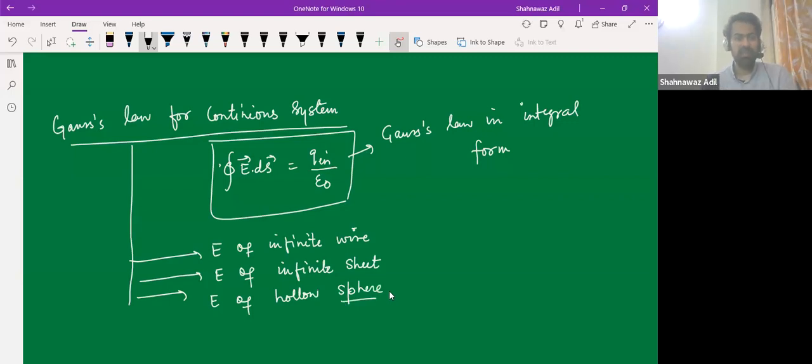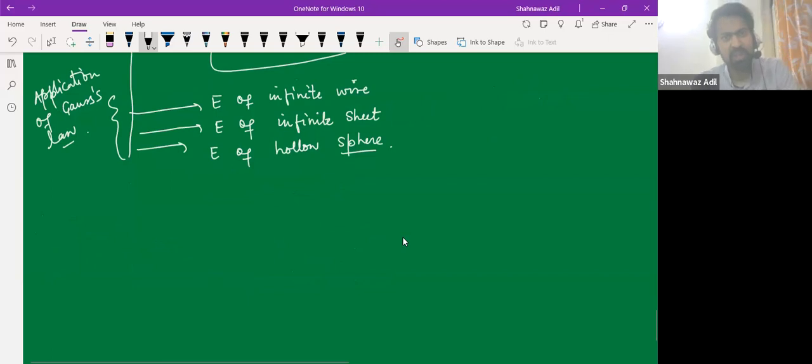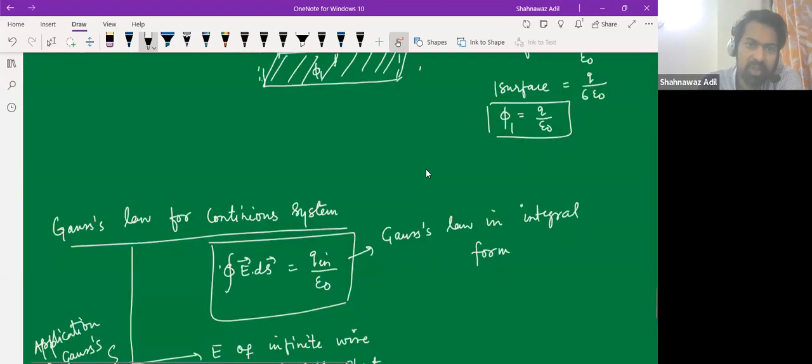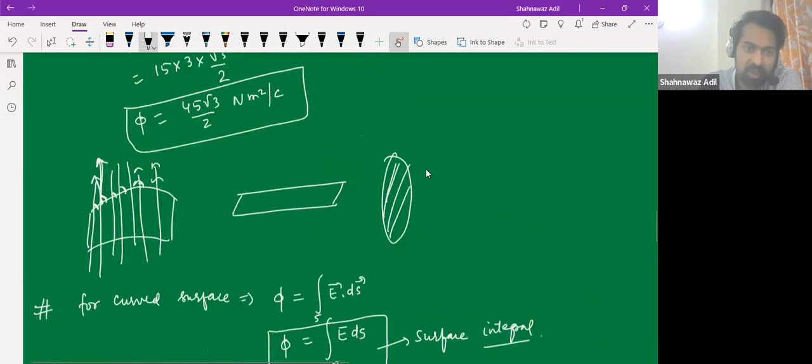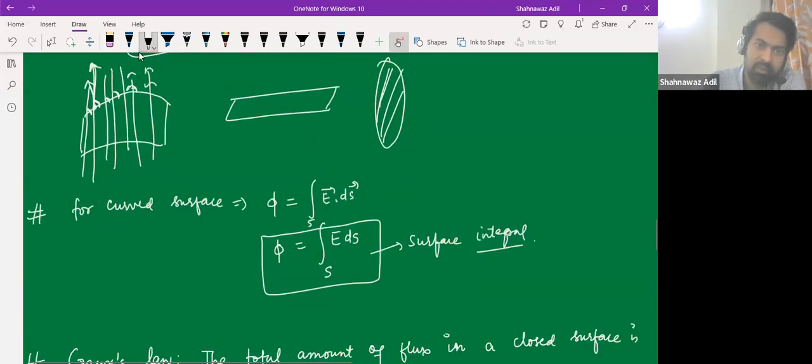So these are the applications of Gauss law. So how do we apply the Gauss law for this case? I will talk about these things, but before I do that, you guys please note down this.